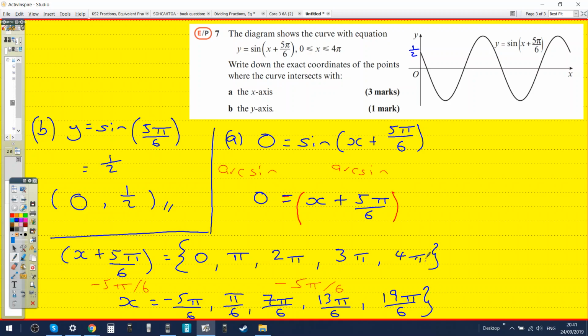And you were right to say the negative one is outside the range, the minus 5 pi over 6. And so that's where it's from.